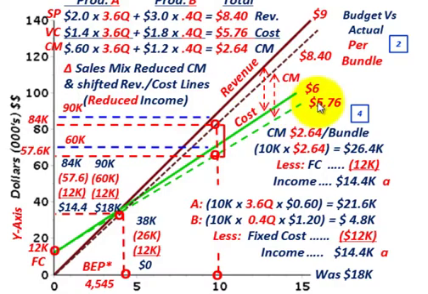First off, our revenues would be $8.40 per bundle times 10,000. Bring that across, and that's going to give us revenues of $84,000. Simply 10,000 times $8.40 per bundle.